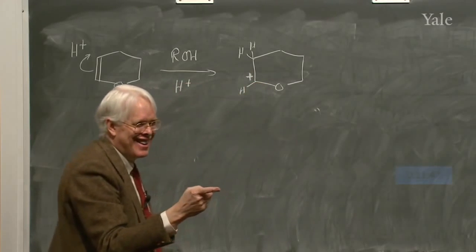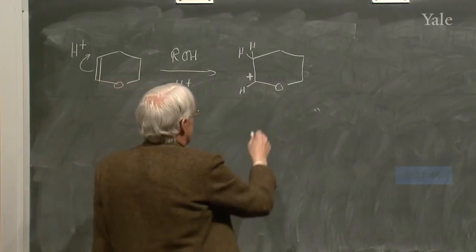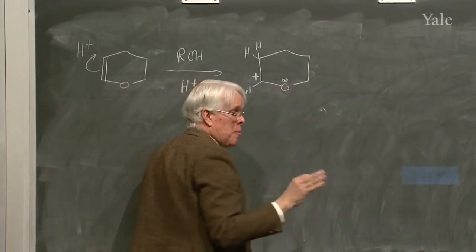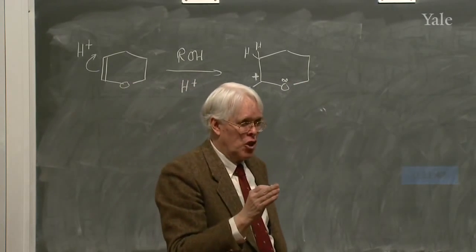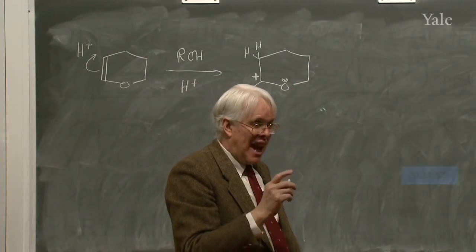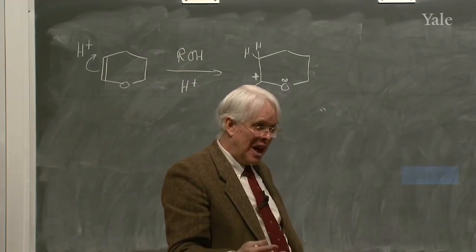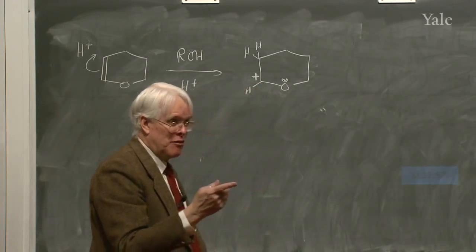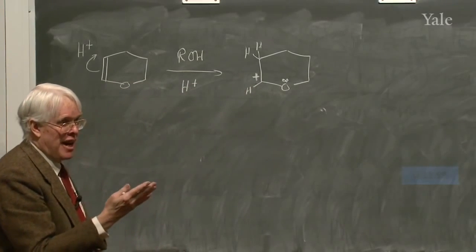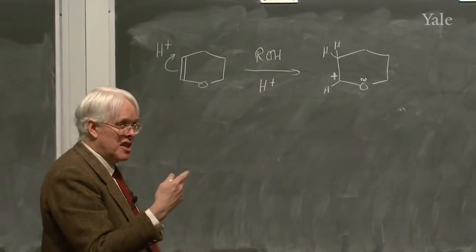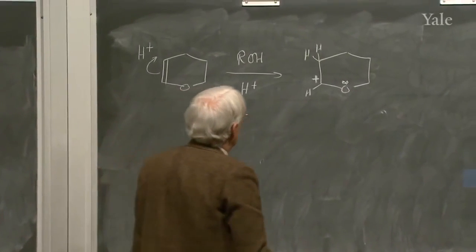Matt? Yeah, that's what everybody always says, that it's stabilized by the lone pair on the oxygen. But in truth, it stabilizes the lone pair on the oxygen. Okay, so we got this.